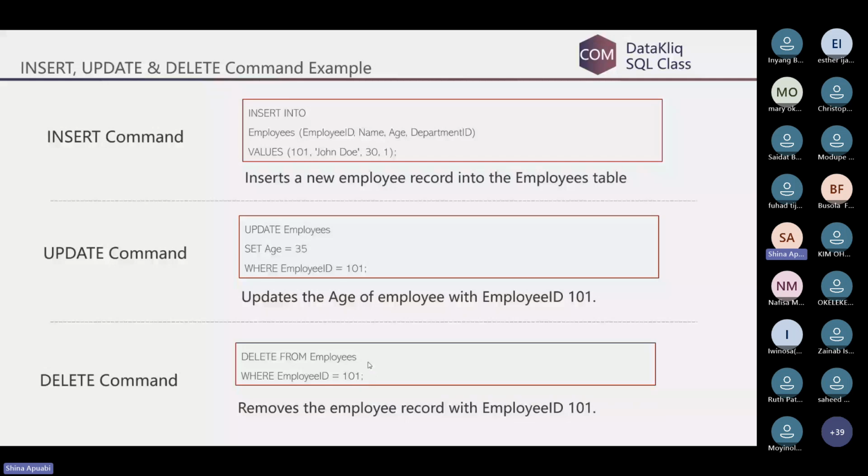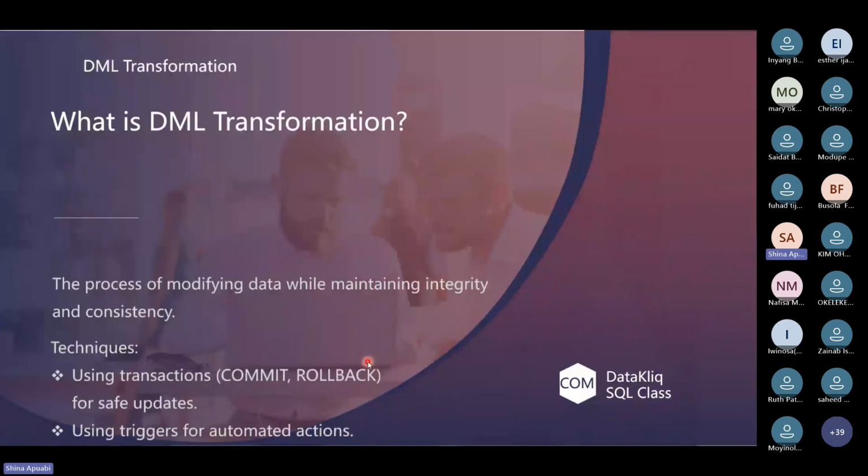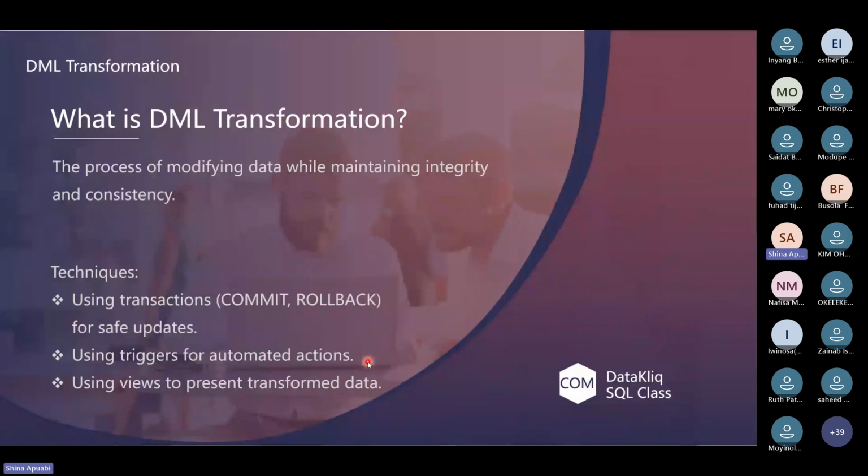So let's go. Now, DML transformation, that is data manipulation language transformation. We need to know how we can modify existing data, but let's look at the definition itself. What is DML transformation? It says the process of modifying data while maintaining integrity and consistency. It looks straightforward now, no?